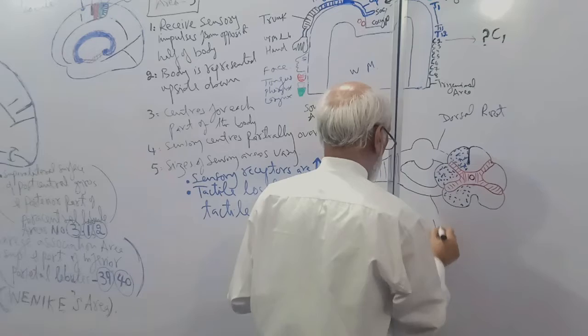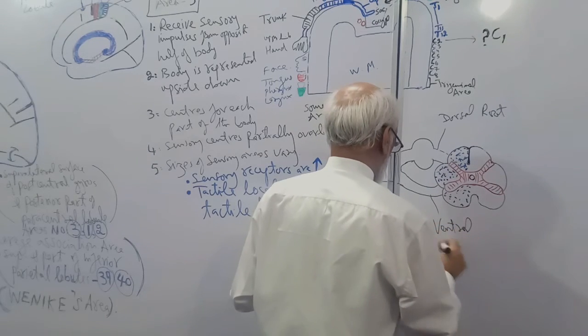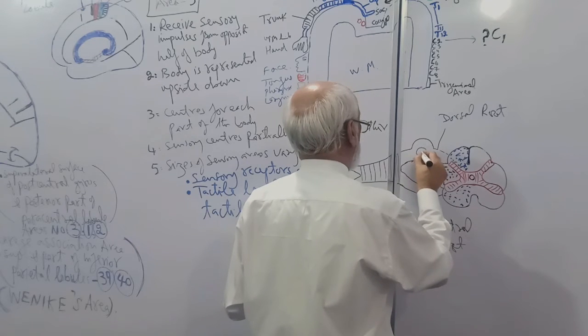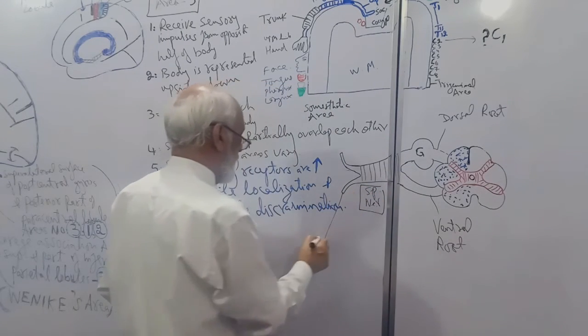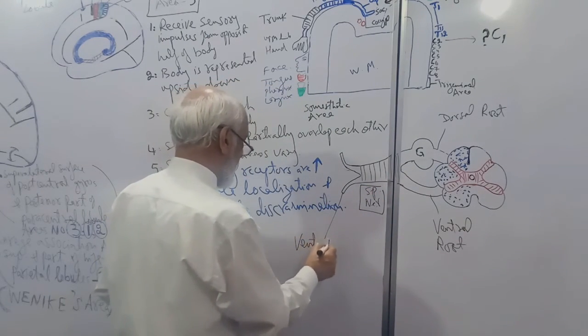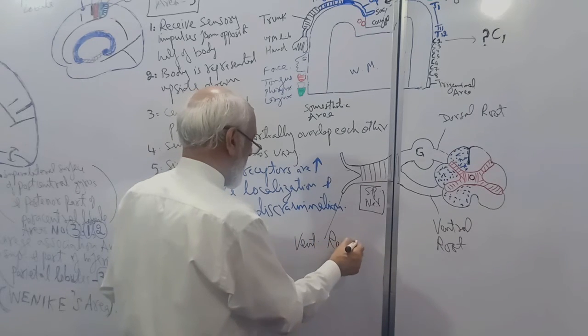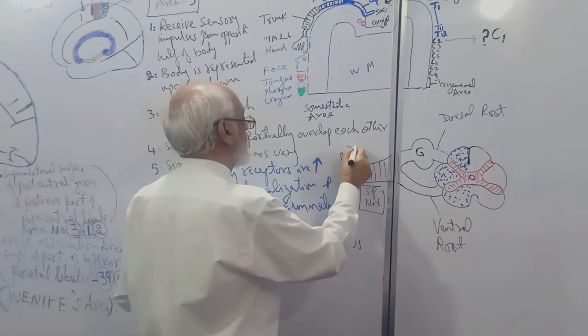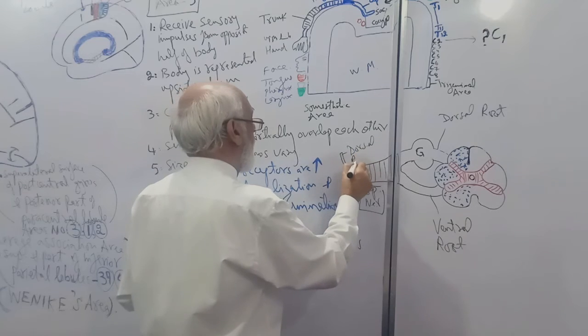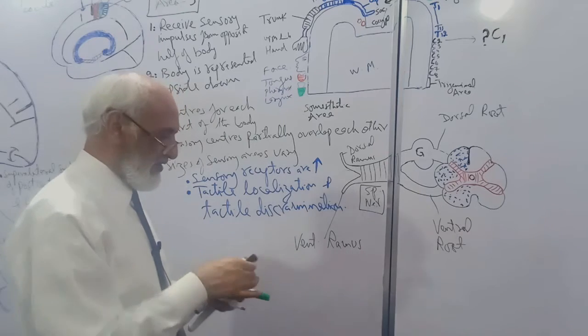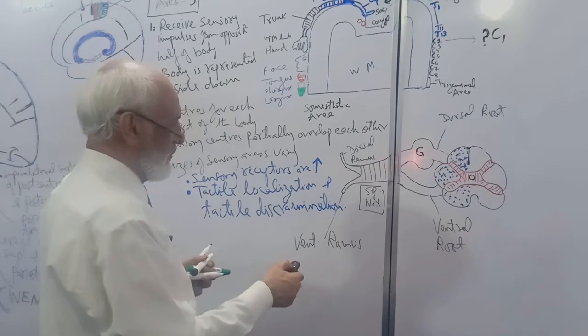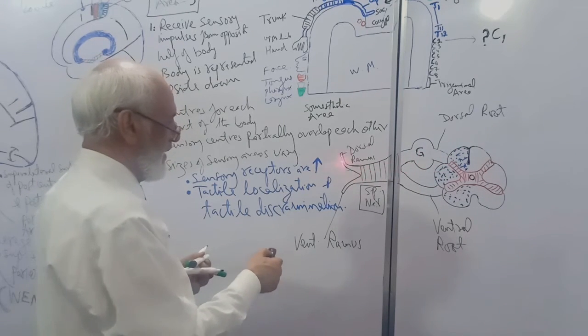Ramus means branch, just like a tree has roots, stem, then branches.